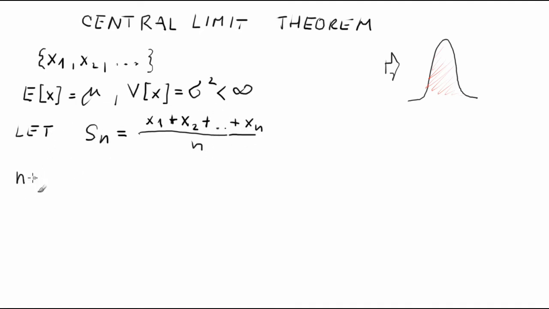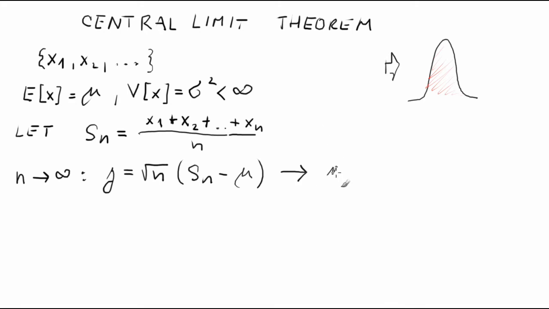Then as n goes to infinity, the random variable defined as y equals square root of n times (S_n minus mu) converges in distribution to the normal distribution with mean at 0 and width equal to sigma.